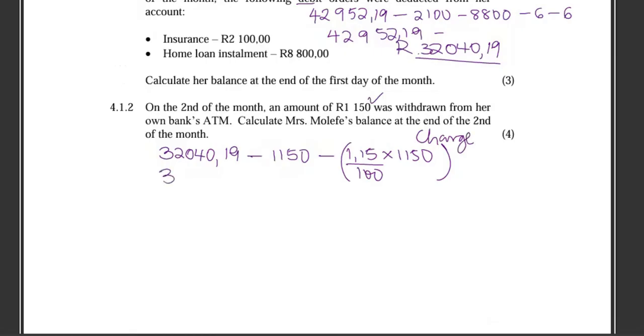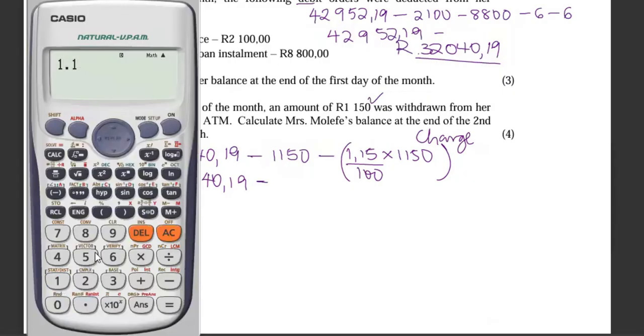Okay, so we continue and we shall say 1.15 divided by 100 times 1,150.